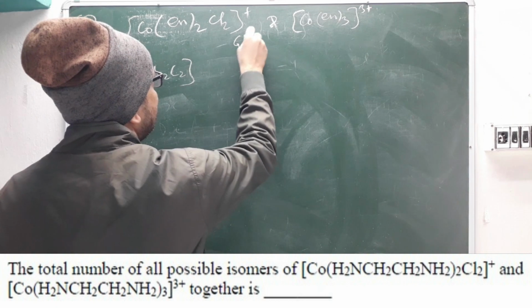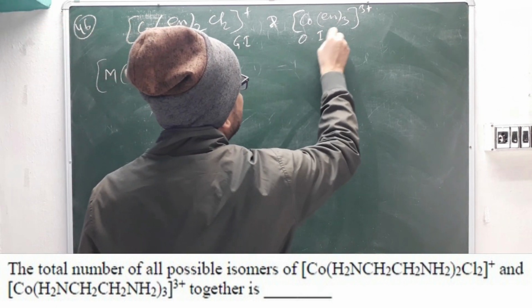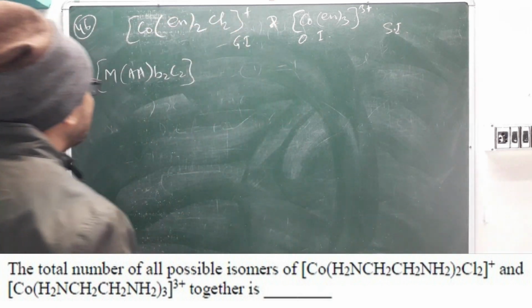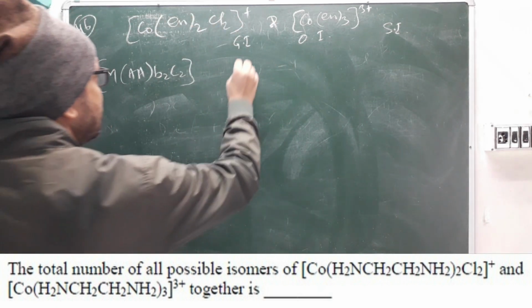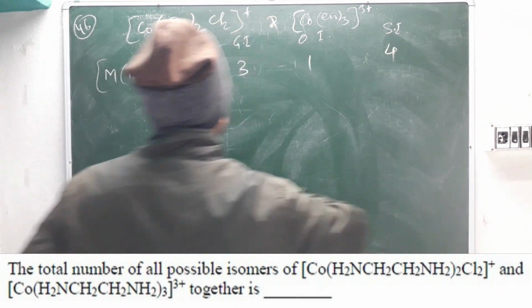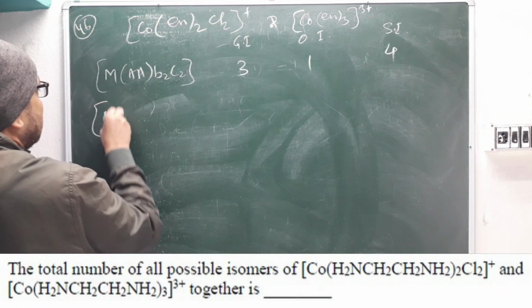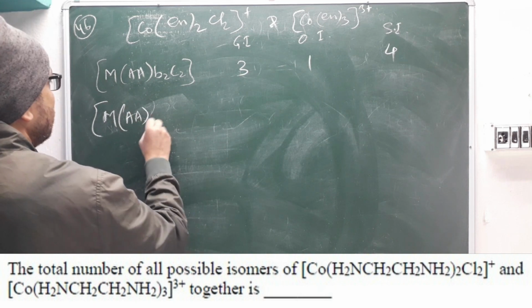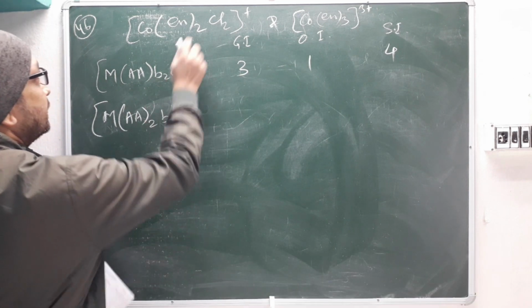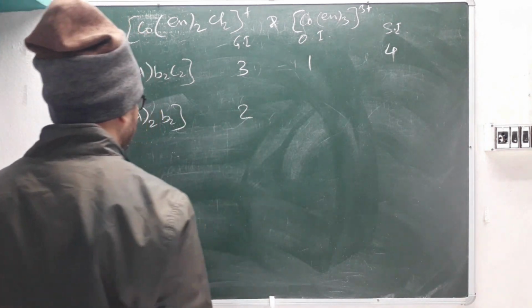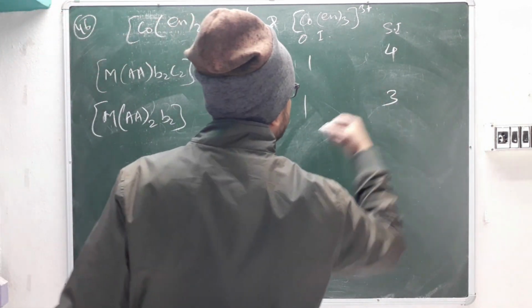How many geometrical isomers will be there, how many optical isomers will be there, and total stereoisomers? For this type of molecule, 3 geometrical isomers and 1 optical isomer will be there, total 4 stereoisomers. Now the second type is M(AA)2B2, I think this one is falling in this category. So how many will be there? 2 geometrical isomers, 1 optical isomer, total 3, right?